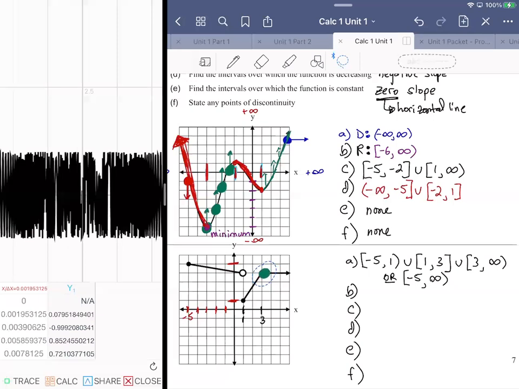Then I'm going to get all the points between 4 and 1. So really that's telling me that my range ought to be 1 to 5, because we're not skipping anything between 1 and 5. We're getting every one of those y values, and they're all accounted for along the way.